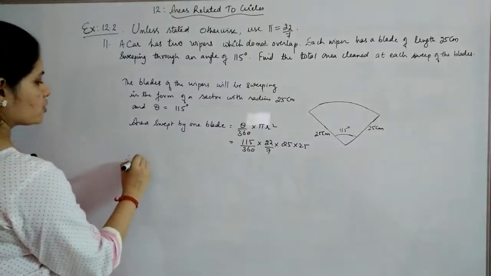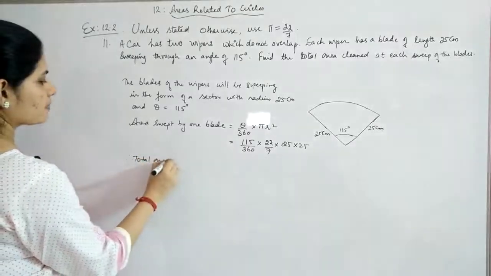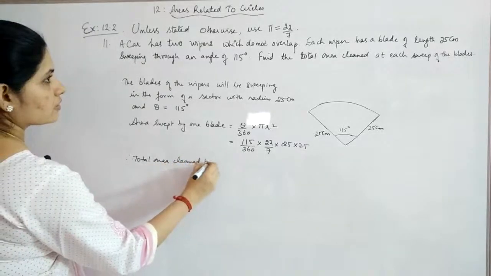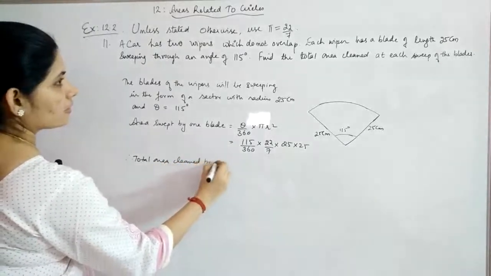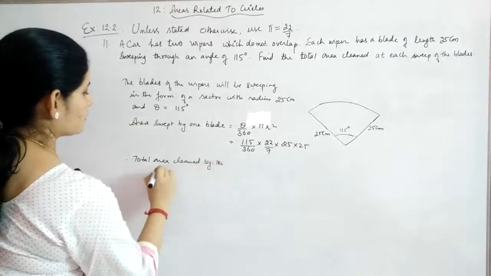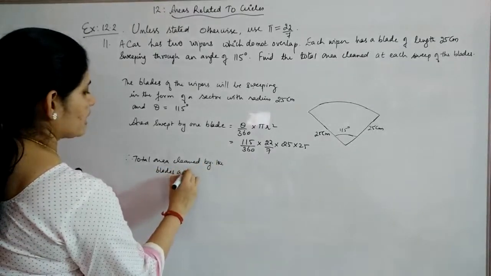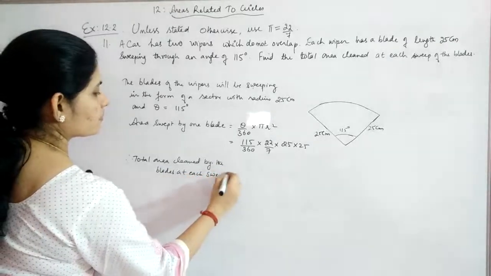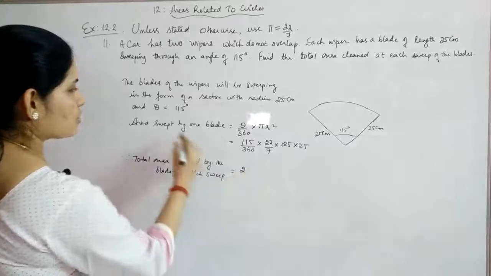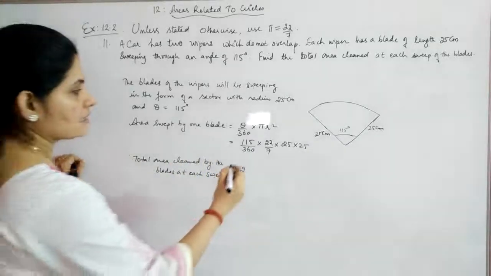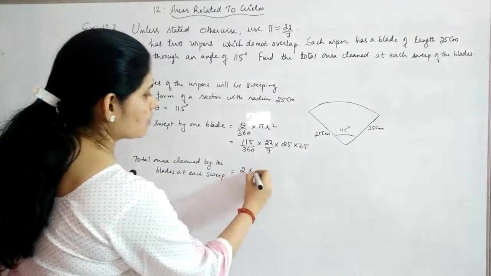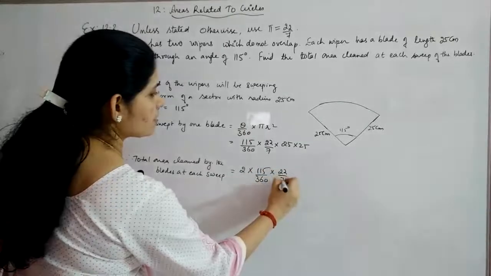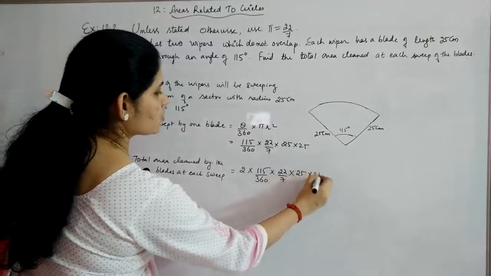Now we will just find out what is the total area and then we will solve it. Therefore, total area swept or cleaned by the blades at each sweep will be equal to 2 times of the area swept by one blade. So it will be 2 times of 115 by 360 into 22 by 7 into 25 into 25.